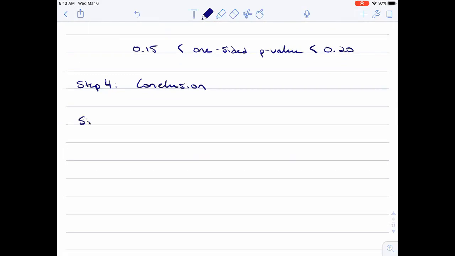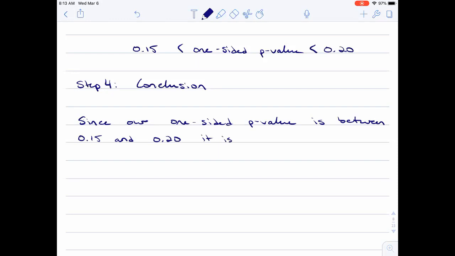Since our one-sided p-value is between 0.15 and 0.20, it is not less than our assumed alpha level of 0.05.